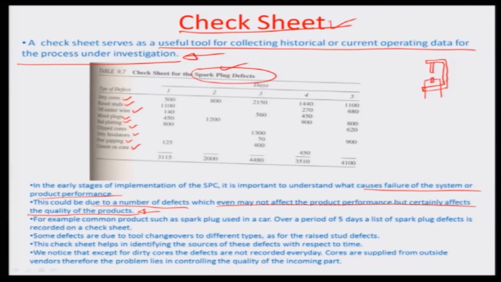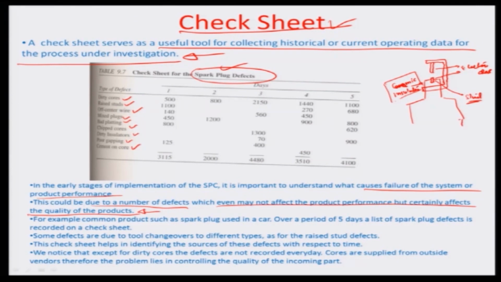And in fact in this particular spark plug there is some kind of a ceramic insulator, and then there are electrodes which are typically metal electrodes. And when they are talking about the problem of the raised studs, they must be referring to a situation when the gap between the electrodes is uncontrollable because of the way that the stud is embedded into this ceramic outer or the ceramic insulation housing which has been shown here, okay. So that's what raised studs means.